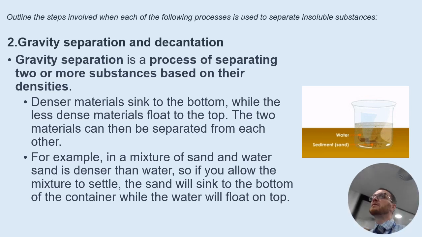And what happens typically with those substances is that they will be drawn down to the bottom. If they're more dense than water, they'll be drawn to the bottom of the container. If they're less dense than water, they will rise. For example, sand will deposit to the bottom. Oil, less dense than water, will float at the top.